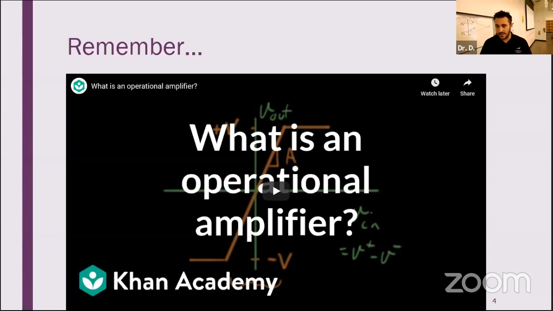And if you look at the equation, the output is equal to the gain times the difference between the positive and the negative, EB minus EA in ours. This tells you that if you held EB constant and increased EA, you would get an inverted signal, whereas if you held EA constant and increased EB, you would get a non-inverting signal. So inverting versus non-inverting just speaks to what you can expect your output to be.